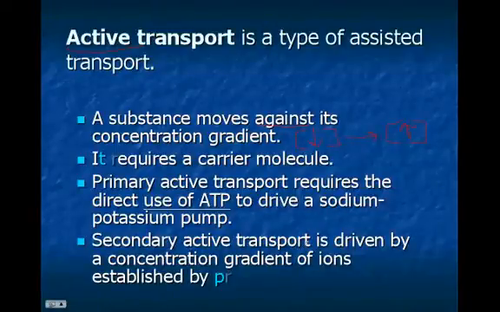We've actively pumped something across a membrane to establish this concentration gradient so that we can use it to bring other things across the membrane. For now, for simplicity, I'm going to have you just focus on primary active transport, and we'll get into secondary active transport a little later on in the semester.